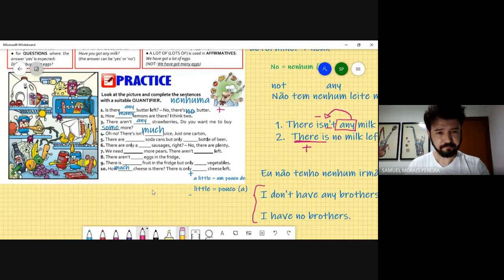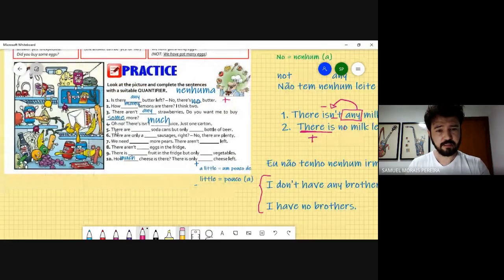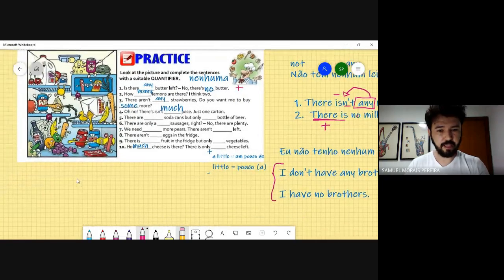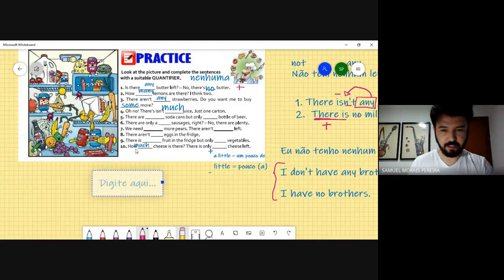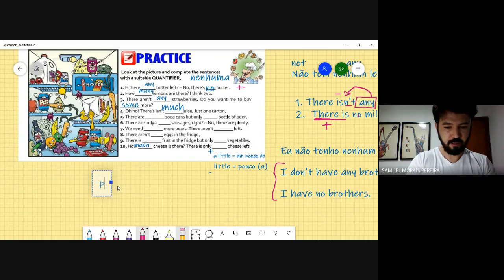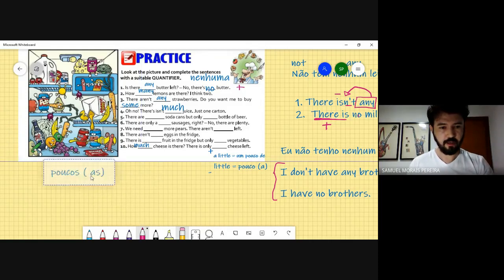Moving back here. Number 5. Number 5, 6, 7. I'm gonna explain to you now, before we go to number 5, 6, 7, and 8, and 9, how we say pouco in English, ok? Então, aqui já tem uma, né? Pouco. So pay attention, ó. How do you say pouco in English? When the word is in the plural, like poucos or poucas, okay?